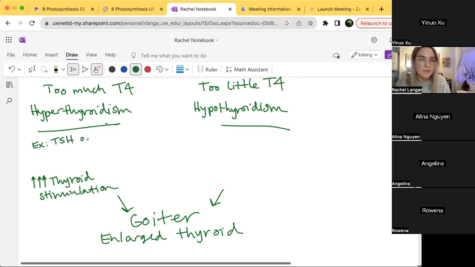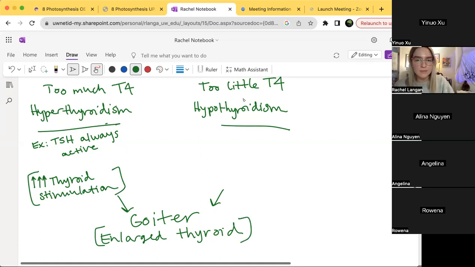Let's say it mutated to be always active. So even if there's no TSH around, it's always signaling to the thyroid, keep producing, keep making more thyroxine. All of that activity causes too much stimulation and an enlarged thyroid.